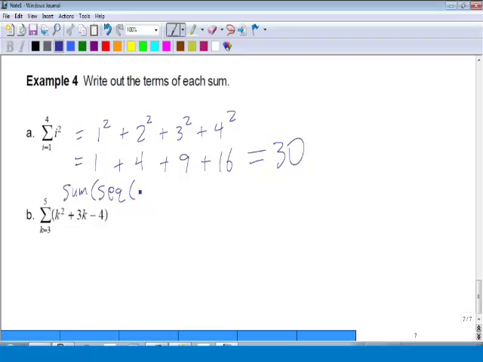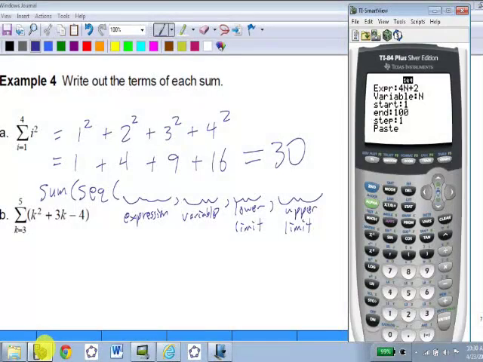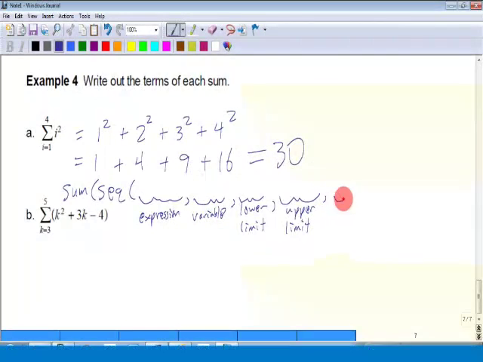What it expects is an expression right there, and a comma, and a variable right there, and another comma, and then a lower limit, and then another comma, and then an upper limit right there. And there's actually a place for another delimiter, the increment, the step. I'll go ahead and put a place for the step as well.